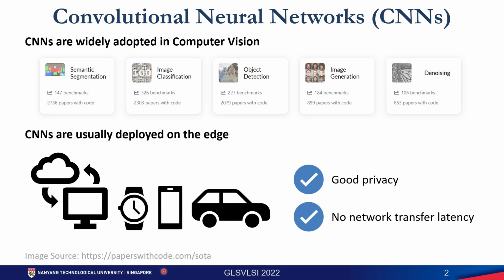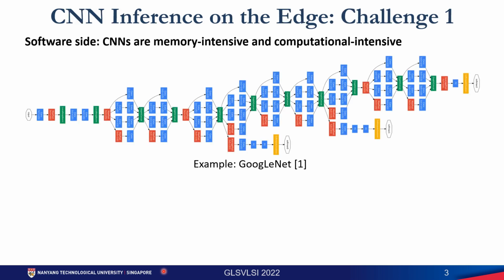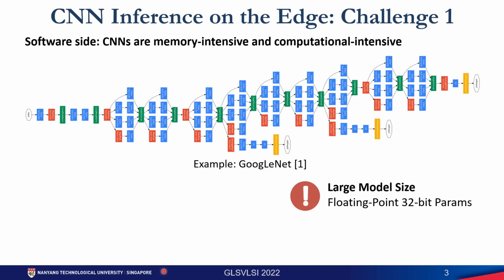But CNN inference on the edge also has some challenges. First, on the software side, CNNs are memory intensive and computational intensive. Taking GoogleNet as an example, modern CNNs are very deep, and they use floating point 32-bit parameters, resulting in a large model size.